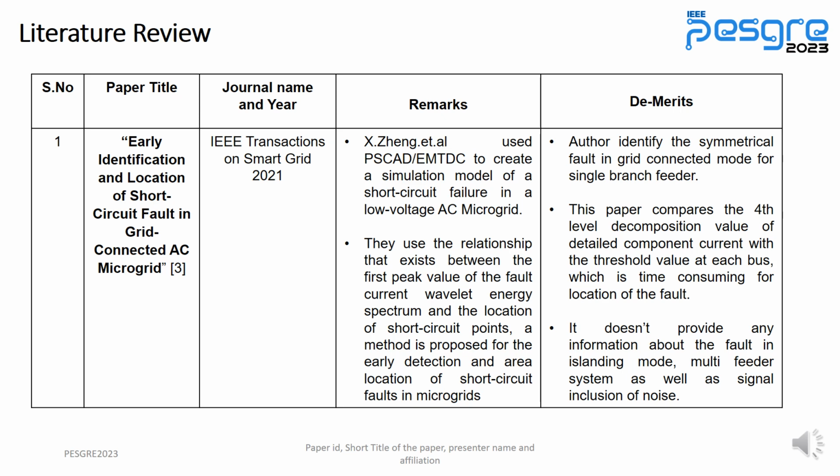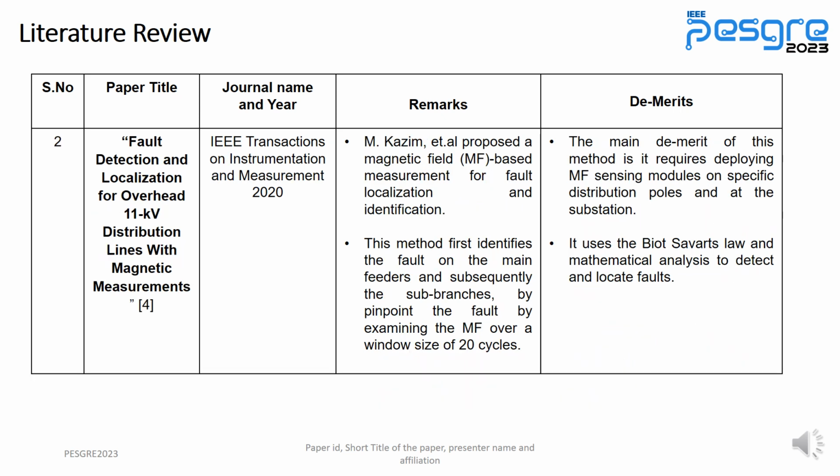But there is some demerit in this paper: it only identifies the symmetrical faults, and it also takes a fourth level of decomposition, which is a very lengthy process, and it consumes more time to locate the fault.